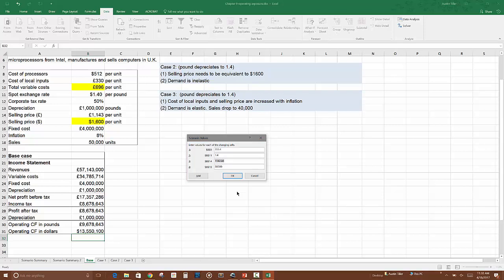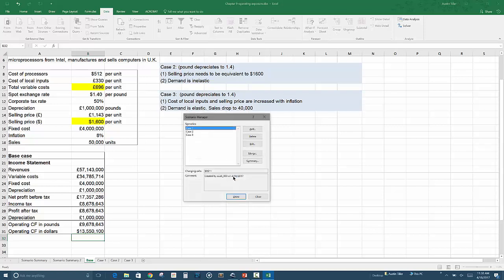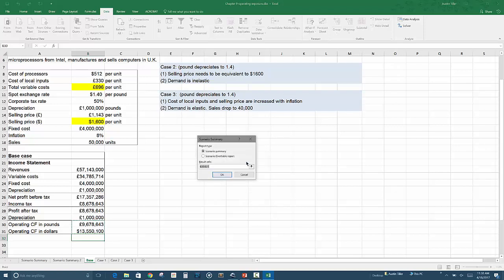Selling price increases with inflation, so 1,080. Number of units of sales changed to 40,000. Once you're done entering those numbers, just press OK. Okay, go to summary. We'll only see those 2 cells still. Press OK.